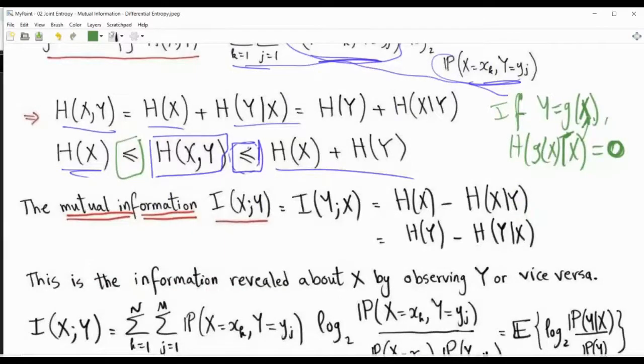Now, the mutual information is basically the difference. So it's h of x minus h of x given y, or h of y minus h of y given x. If we go to the upper line here, h of x is the uncertainty about x, and h of x given y is the uncertainty remaining in x if you observe y. So what is the difference between these two?